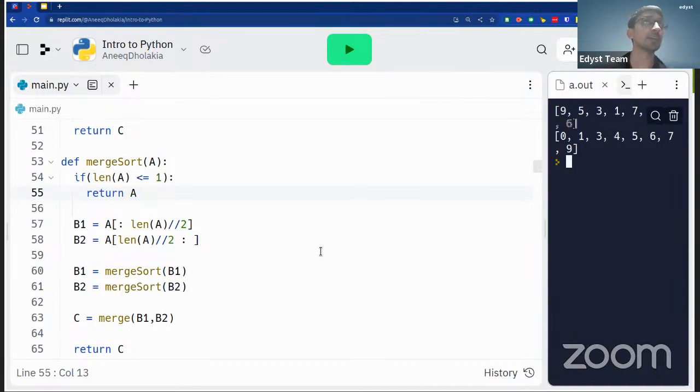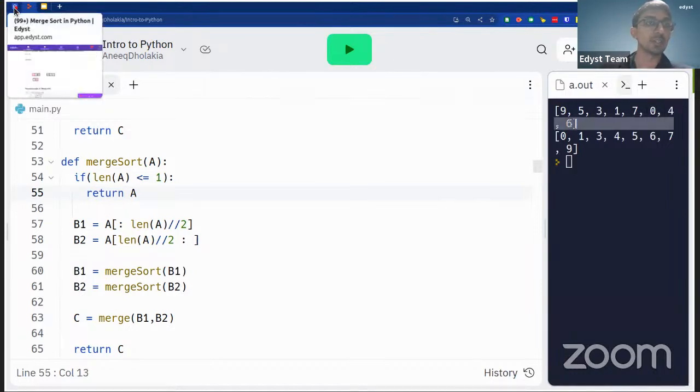Okay. Done, everybody? Yes or no? Okay. So this is merge sort, everybody.